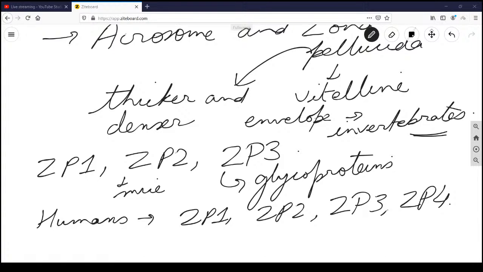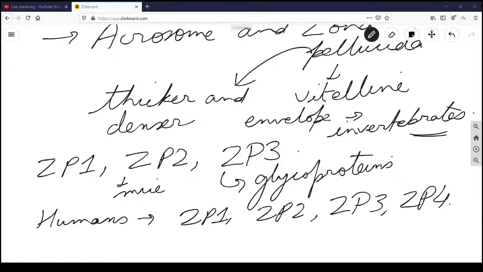In one experiment, it was found that only those mouse eggs with human ZP2 bound sperm. And if the ZP2 was removed, the binding was not proper. That was also seen.